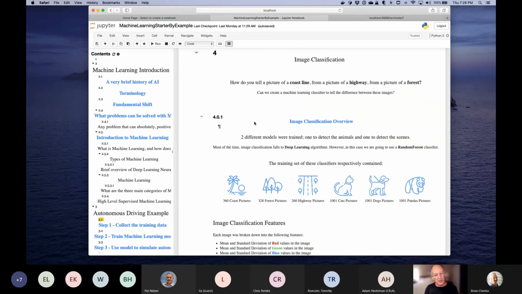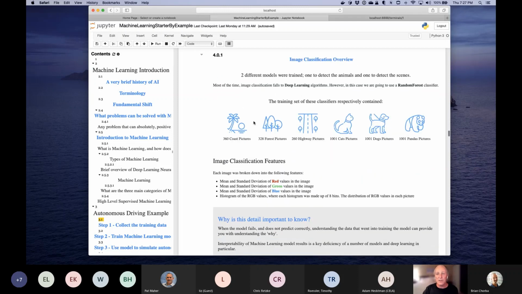All right, I'm going to switch gears a little bit and go into image classification. Typically that is what we think of as a deep learning activity. A lot of computer vision and deep learning algorithms go hand in hand. I'm going to do something a little different.